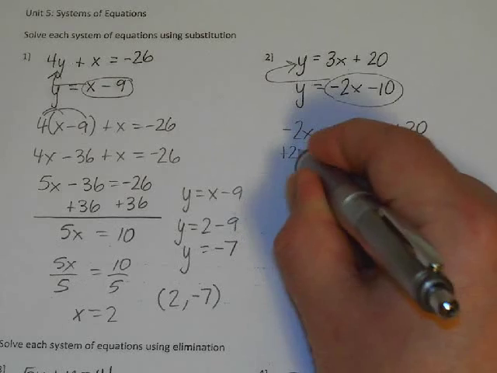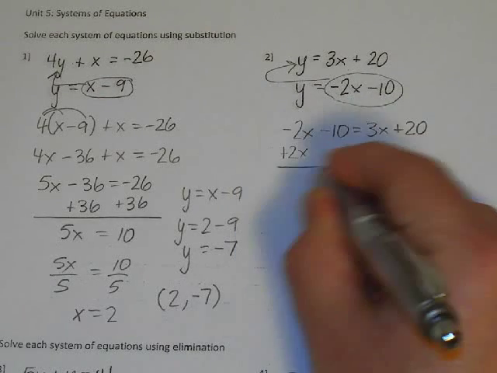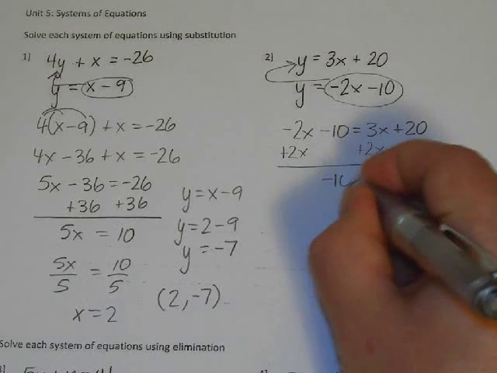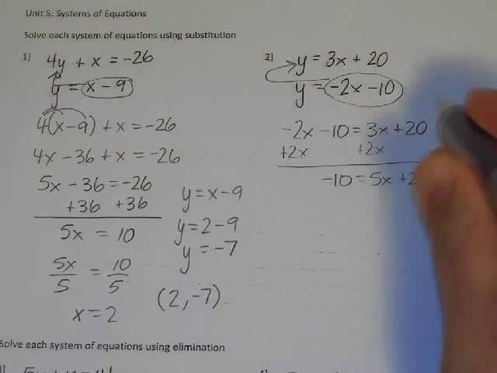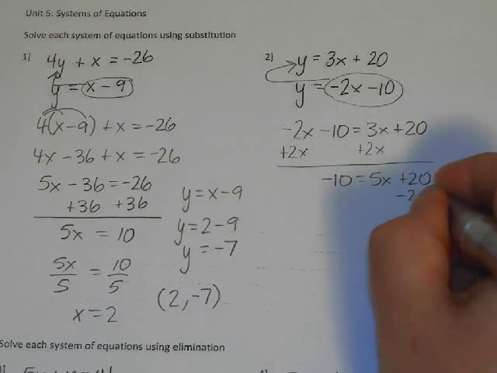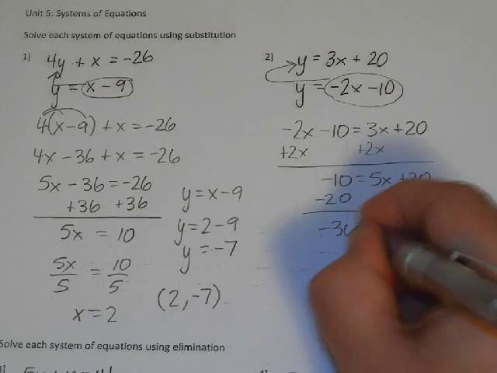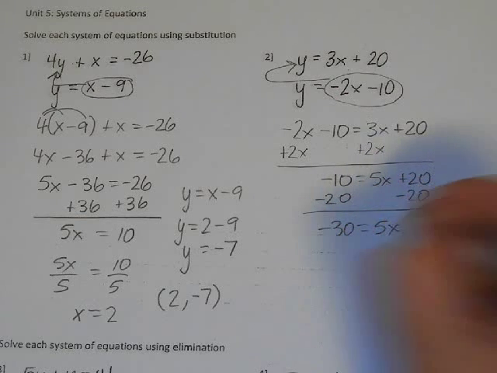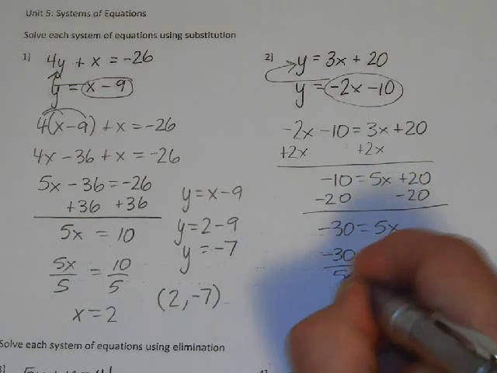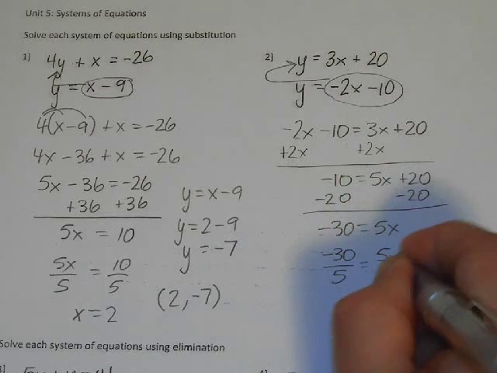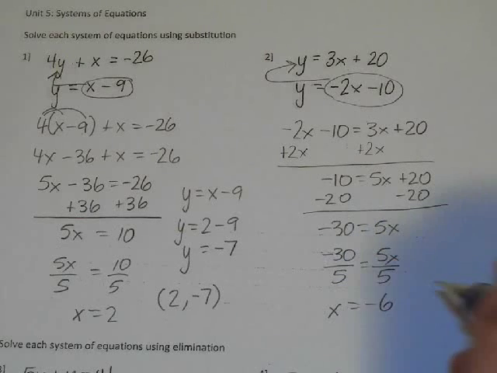I'll do that by adding 2x to both sides. Negative 10 equals 5x plus 20. Subtract 20 from both sides. Negative 30 equals 5x. And then divide both sides by 5. x is equal to negative 6.